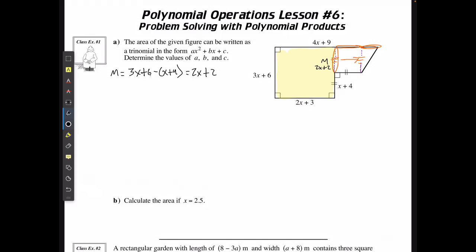If you don't know what the area of the trapezoid is, then you can figure out what this side length is because it matches this side length, and this side length matches this side length. So I can say that this, let's call it, I don't know, n, is equal to x plus 4.